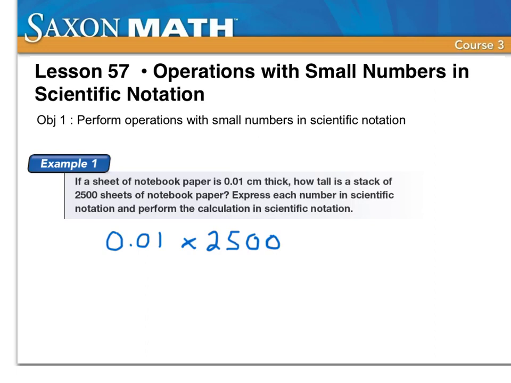So the very first thing I have to do is express this number in scientific notation. Remember, scientific notation is some number between 1 and 10 times 10 to an exponent. Here I know my number between 1 and 10 is just going to have to be 1. So it's going to be 1 times 10, and if I put my decimal point in here, I'd have to move it twice to the left.